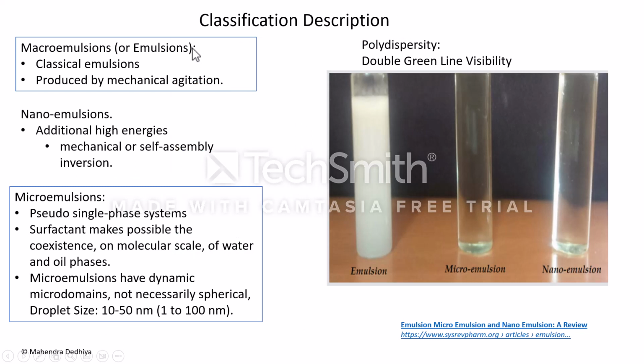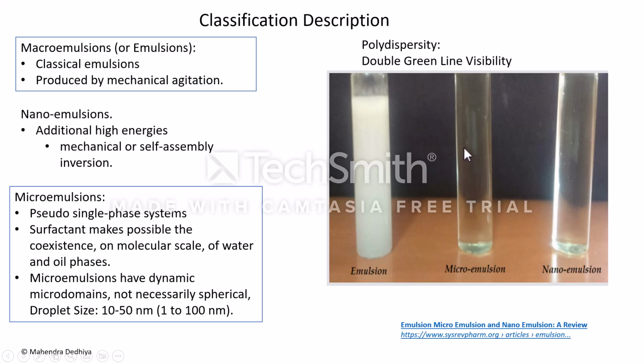To look at it physically in this slide, we can see a macroemulsion, a classical emulsion, nanoemulsion, and microemulsion, which behaves as a pseudo single phase. So if they behave like a pseudo single phase solution, then they would have a higher clarity.